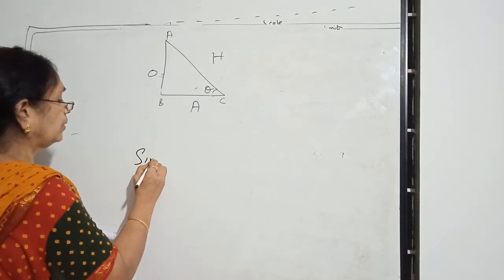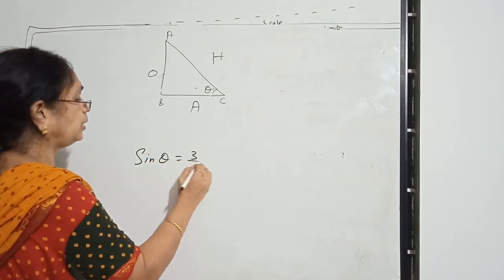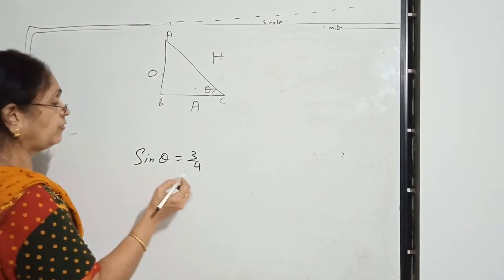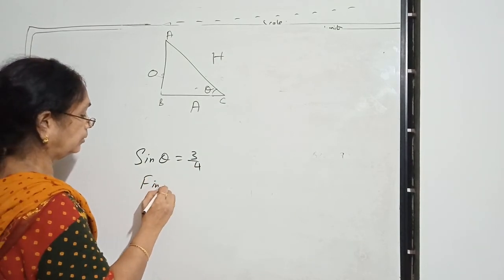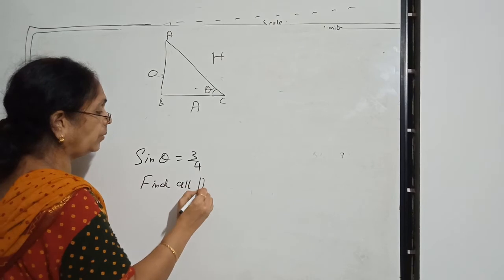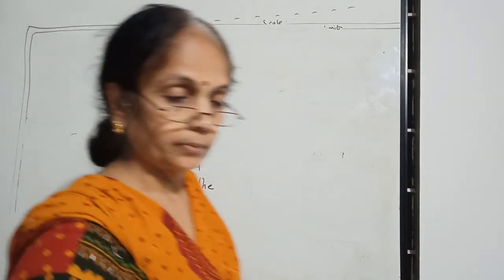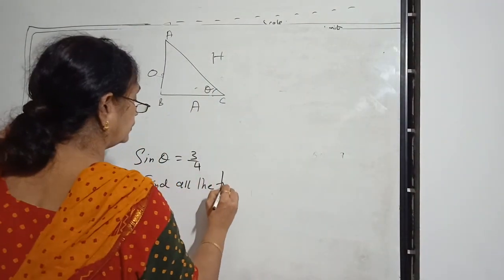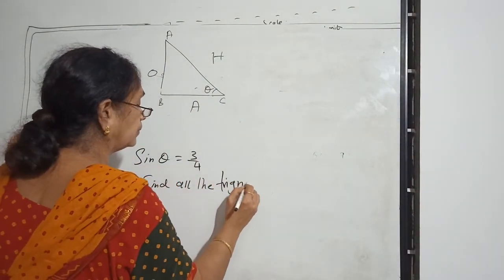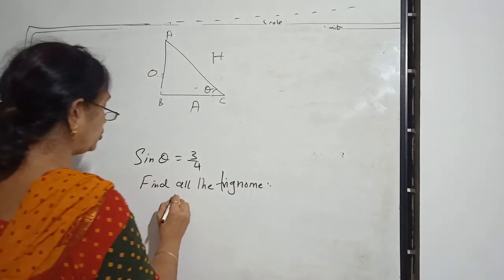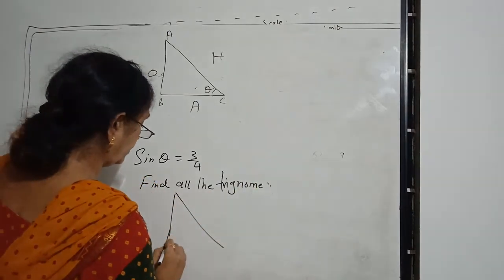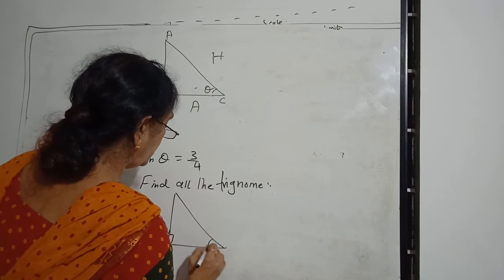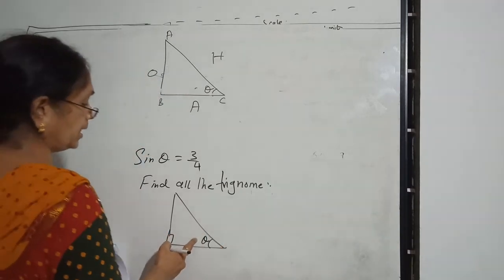Again I am telling you, trigonometry, if they give sin theta is equal to 3 by 4, then find all the trigonometric ratios. So first you should take one triangle, 90 degrees, put this as theta.